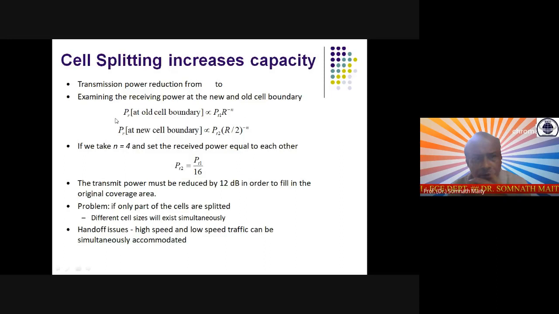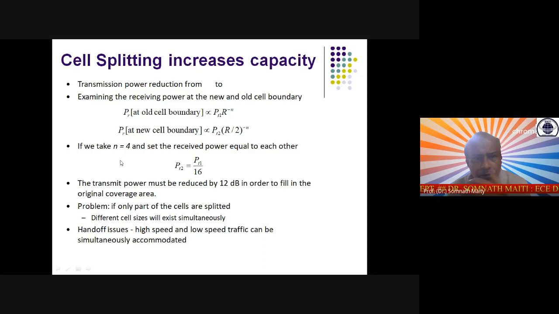Examining the receiver power, power reduced from old to new. So PR, the received power, is proportional to the transmitted power times R to the power minus N. N is the path loss exponent, how the power is reduced as you move away from the transmitting antenna. Received power is proportional to the transmitted power at the old cell boundary, PT1, and at the new cell boundary, PT2, with R by 2, because R is half.